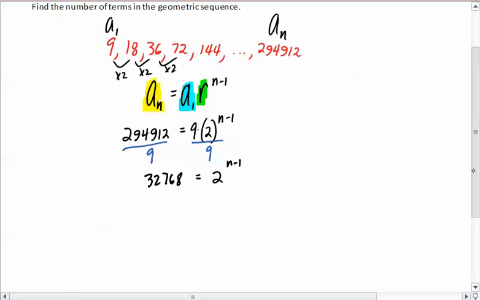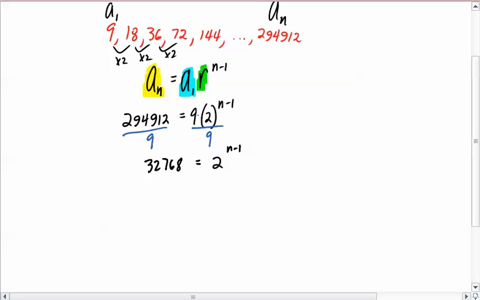Now I'd rather not use logs. If I can get the bases to match, then I don't need to use logs. So what I'm going to do is figure out to what power I need to raise a 2. Let me see if I can get that to turn into a 2 to some power. Exponential things get large very quickly, so we don't have to do a lot of guessing and checking to find that 2 to the 15th power is 32,768.